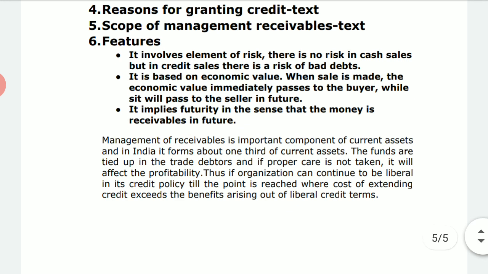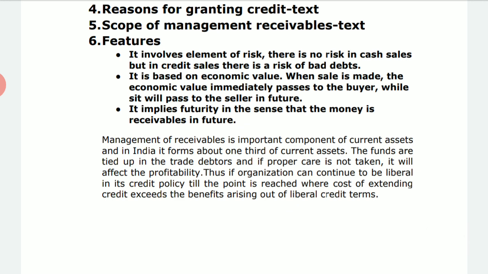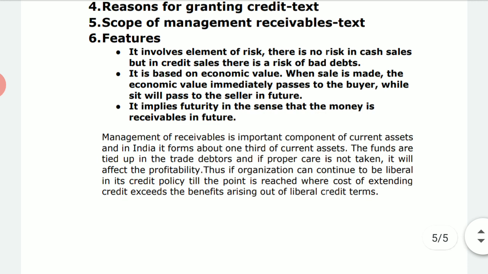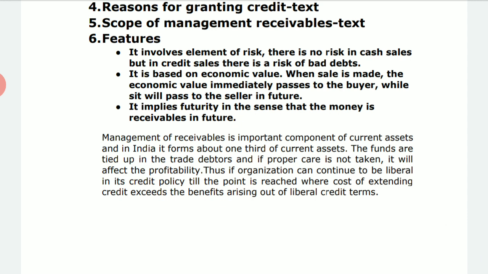The next method is the aging method, also known as the schedule method. In this method the receivables are classified according to the length of time, that is, the outstanding receivables are classified by the period within which we are going to receive them back.